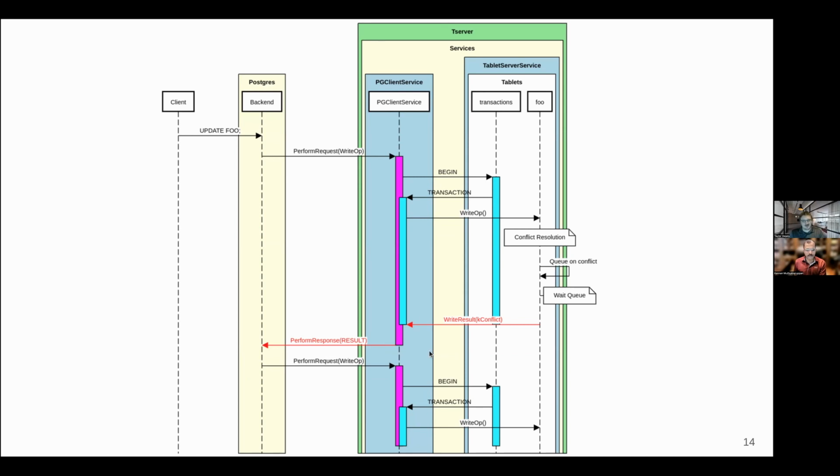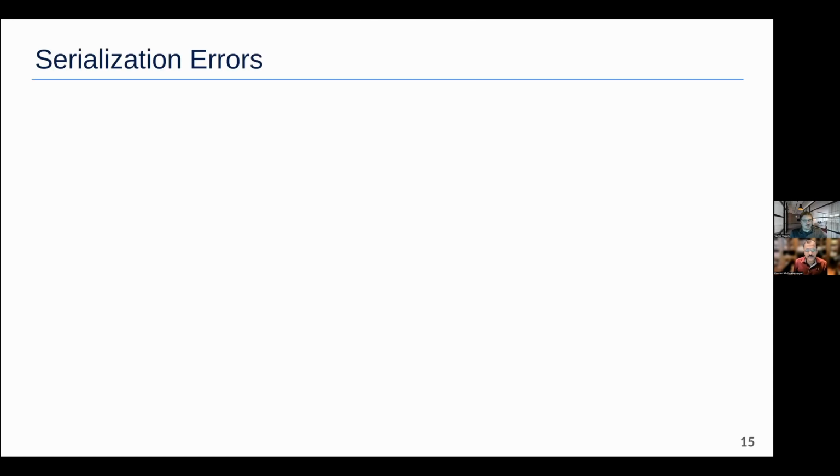This happens by default 20 times, I believe, before returning a conflict error back to the client in repeatable read and serializable. And in read committed, this will happen again indefinitely or until the statement timeout occurs. So yes, 20 times by default, and that is controlled by this GUC.